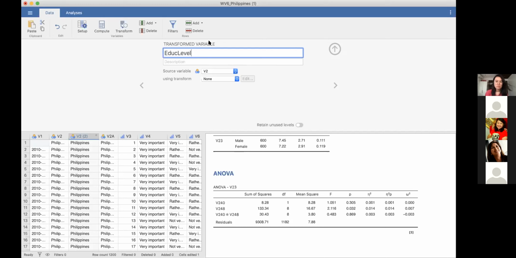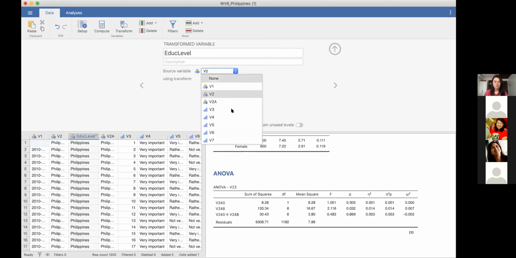Okay. And then we will put in our source variable. So in this case, our source variable is variable 248. Okay.